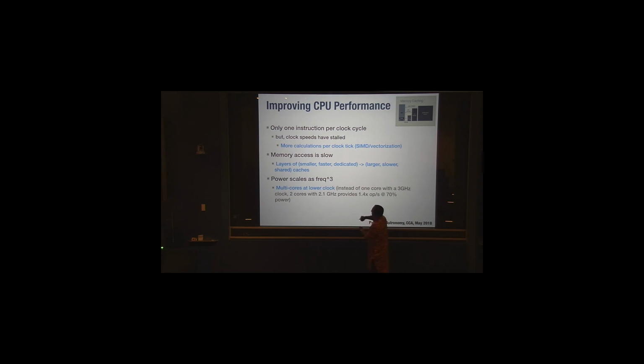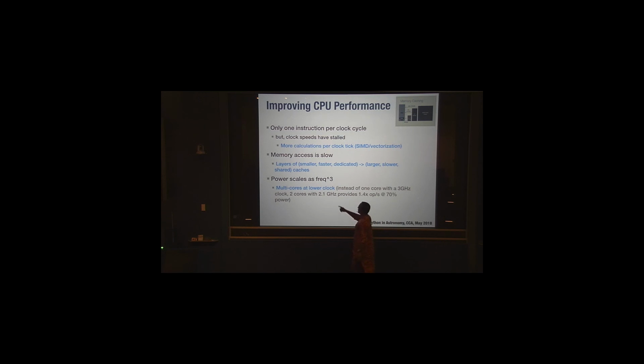And the last thing, this is kind of why the clock speed stalled. This is where quantum mechanics messed with us. It's because the power requirement scales as the frequency cubed. So you could not dissipate the power fast enough to keep your CPU functioning correctly. No one wants incorrect results because the CPU is too hot.